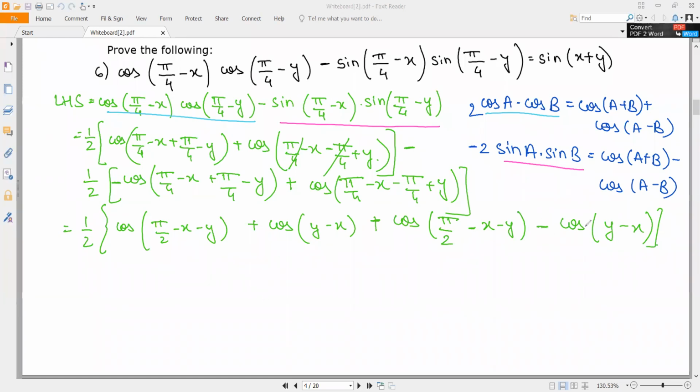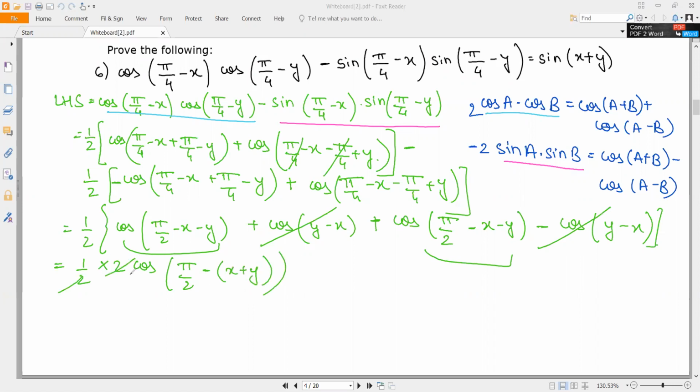Okay. So this term will get cancelled with this term. 1 by 2, you have the same term. So what you'll do is multiply it by 2, or twice the value, cos of pi by 2 minus, we're taking minus sign common from this, x plus y. 2 will get cancelled. Cos of pi by 2 minus theta, let x plus y be theta.